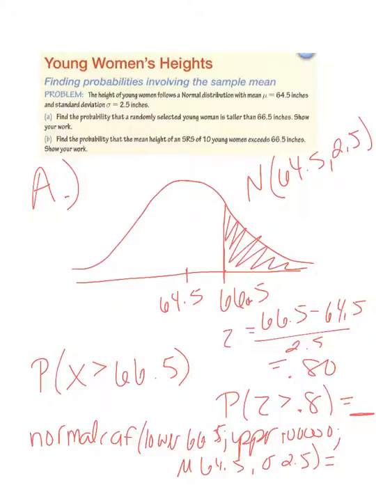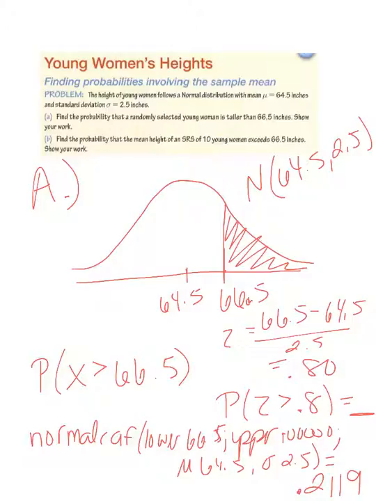And when I plug that all into my calculator, I get 0.2119. Okay, so now I have my value, and now I need to actually answer the question. I need to state what that means. So the probability of choosing a young woman at random that is going to have a height greater than 66.5 inches is about 0.21, or 21% of the time.